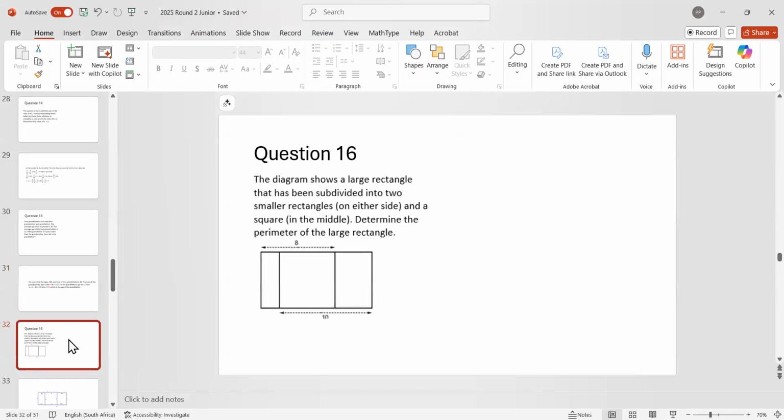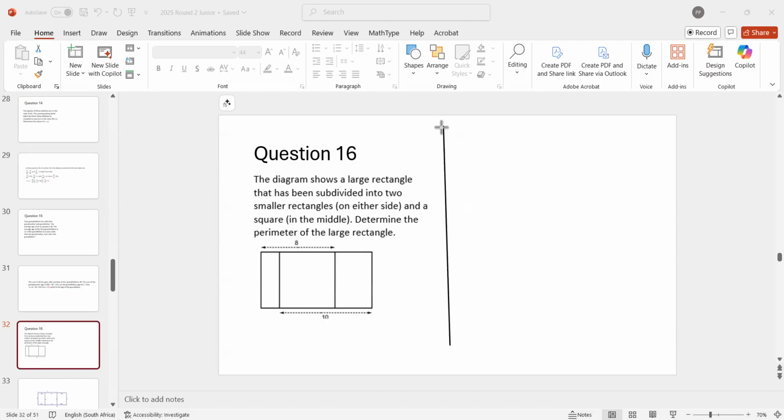We now go on to question 16. Question 16 says, the diagram shows a large rectangle that has been subdivided into three, oh, I see, two smaller rectangles on either side and a square in the middle.